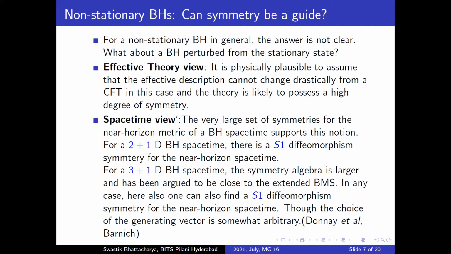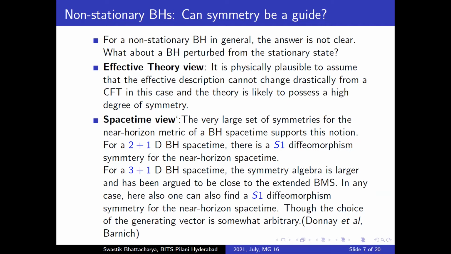Not only that, for a 3+1 dimensional black hole space-time, the situation is even better. The symmetry algebra is larger. In fact, it has been argued to be the extended BMS symmetry algebra. But there is some debate about this. But in any case, there is a consensus that you can always find an S1 diffeomorphism symmetry for the near horizon space-time.